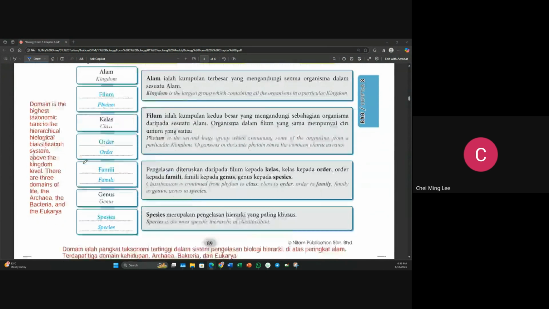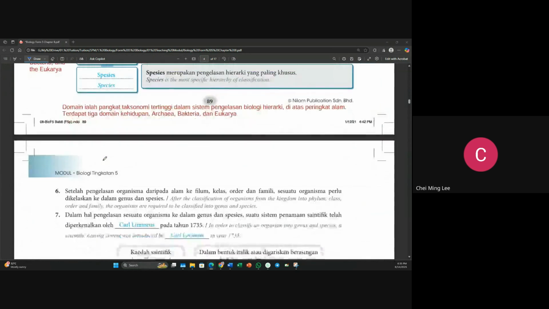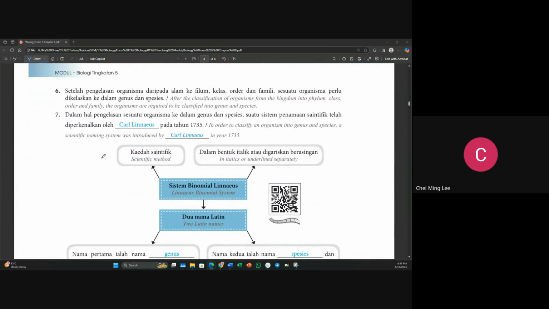So after the classification of organisms from kingdom to phylum, they will go into genus and species.